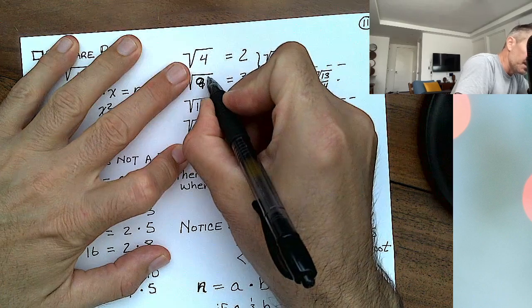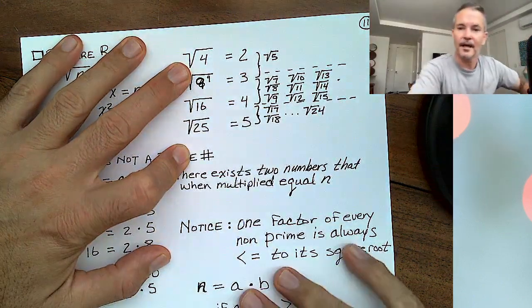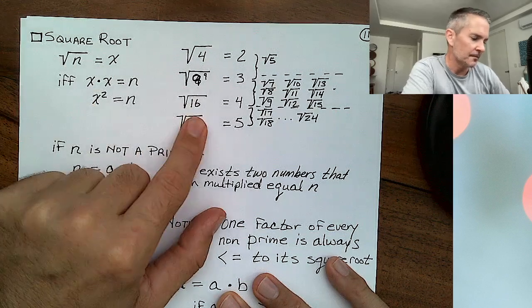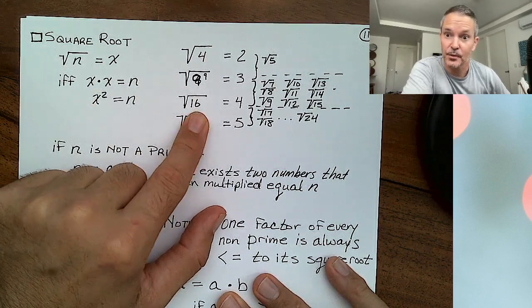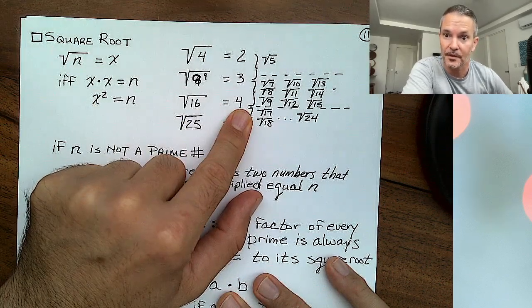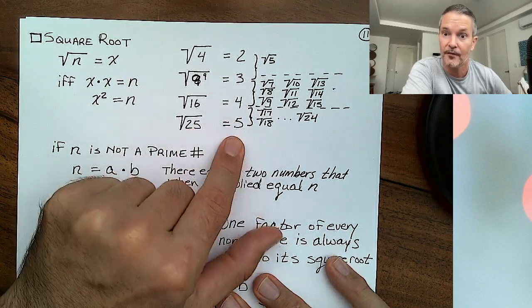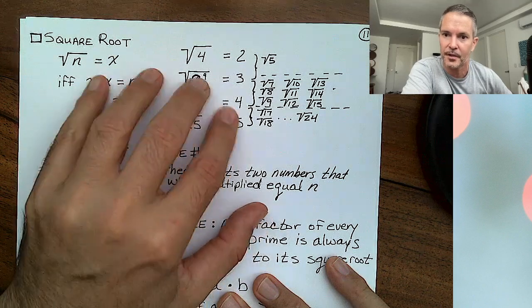Making sure you can see that here. I'm going to say 9 because I screwed up my number. All right, what's the next one? 16. What's the square root of 16? 4, because 4 times 4 is 16. What's the square root of 25? 5. 5 times 5 equals 25.